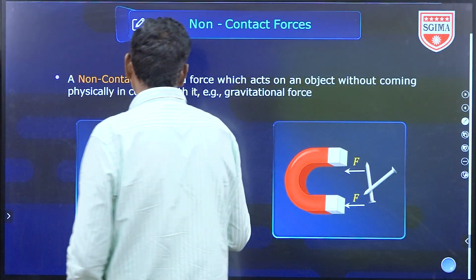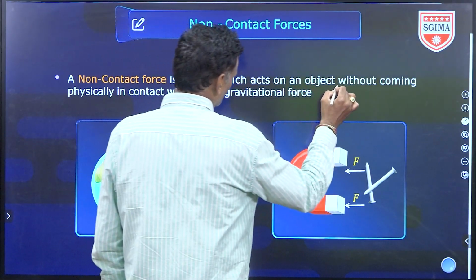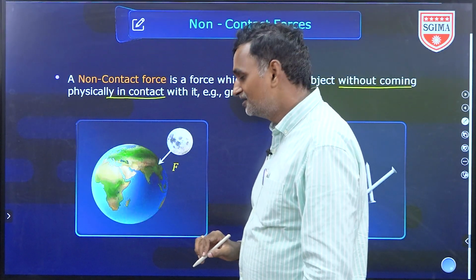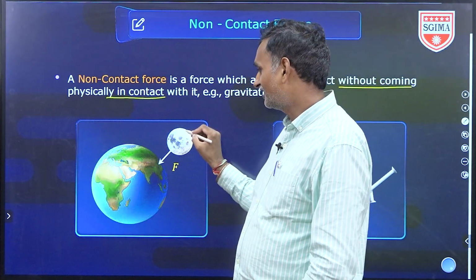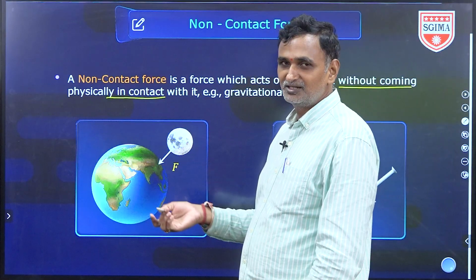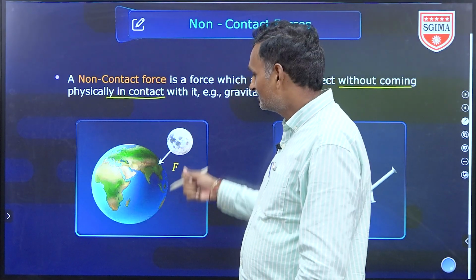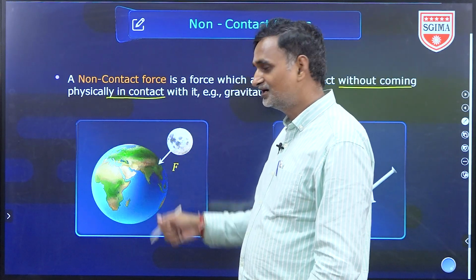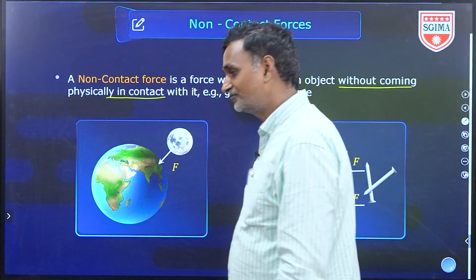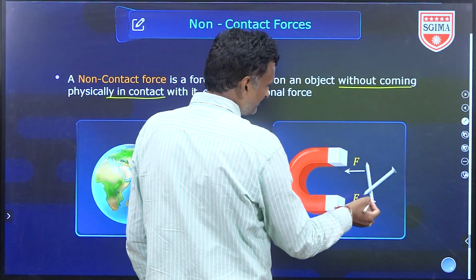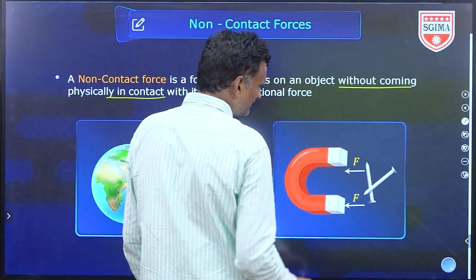A non-contact force acts on an object without coming physically in contact with it. Here the Earth exerts gravity on the moon, but there is no requirement of physical contact of the Earth with the moon. This is the gravitational pull towards the Earth itself, that is gravitational force. Next, a horseshoe magnet exerts force on iron or magnetic particles.